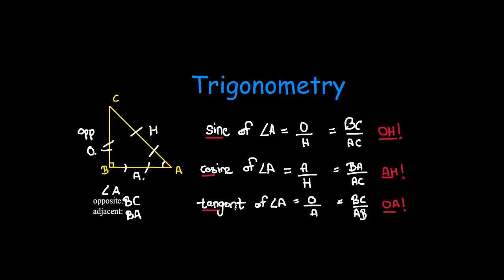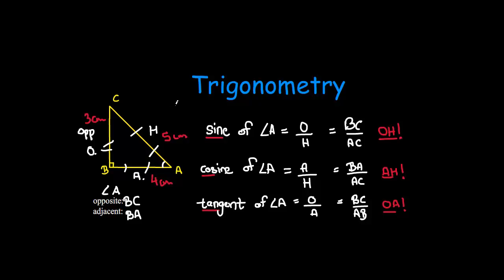And tangent of angle A is written as your opposite divided by your adjacent. तो वैसे इसका मतलब क्या हुआ? इसका मतलब बस इतना सा हुआ, बहुत ही सिंपल सी बात है. अगर इसकी लेंथ 3 सेंटीमीटर है, इसकी लेंथ 4 सेंटीमीटर है और इसकी लेंथ 5 सेंटीमीटर है, तो अगर आपको कोई पूछेगा कि साइन ऑफ एंगल ए क्या है, तो साइन ऑफ एंगल ए इज opposite by hypotenuse, O, right? So O में O is 3 and H is 5, so 3 by 5. That is all that sine of angle A is. It's that simple.